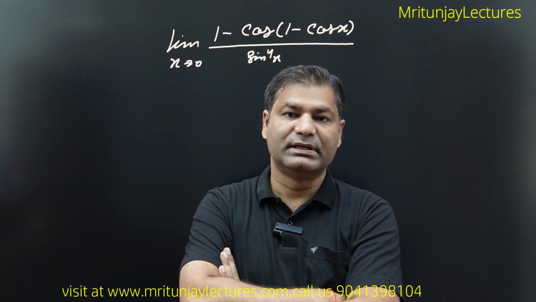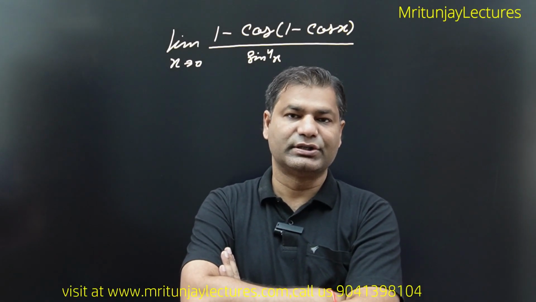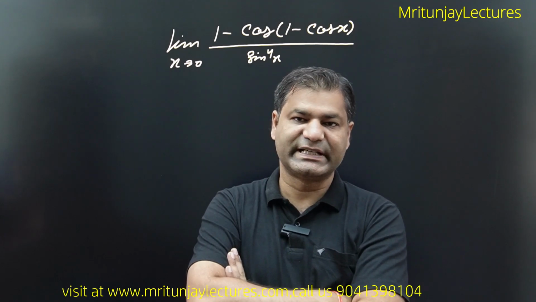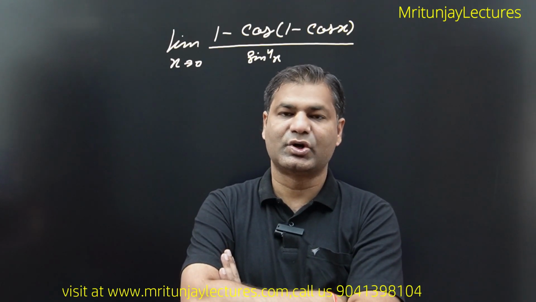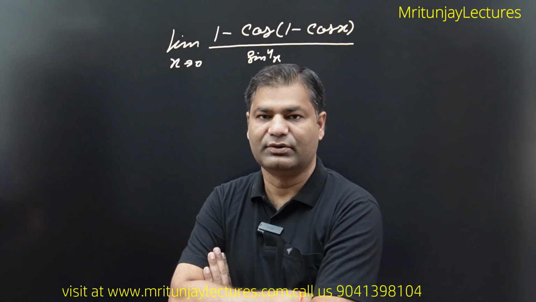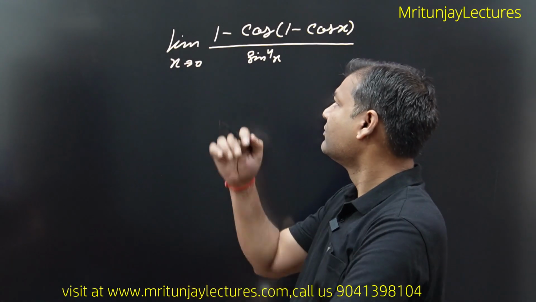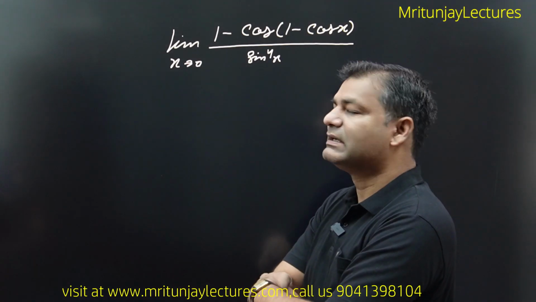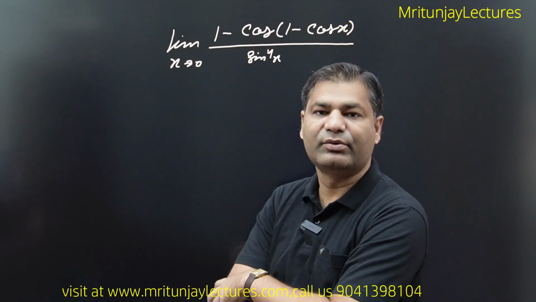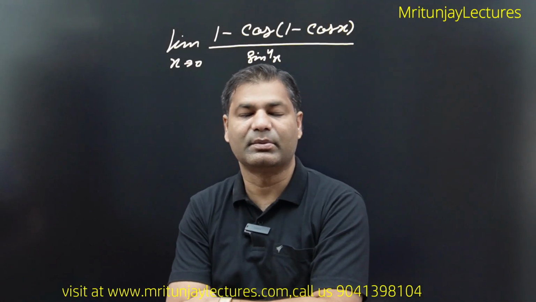Now the next problem is limit x tends to 0, 1 minus cos of 1 minus cos x, divided by sin to power 4 x. How can we solve this type of problem?